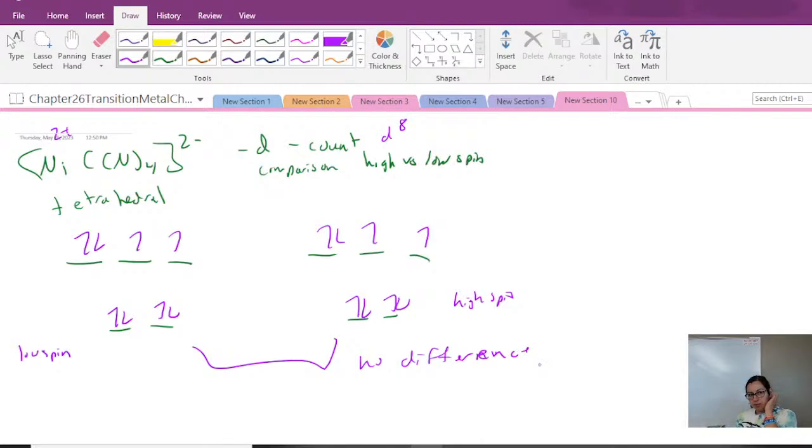If I had given you this bad example, you would just say no difference, you couldn't tell, it's the same configuration. It didn't work out because it's not actually tetrahedral. It's square planar, but I didn't give you all the square planar splitting fields, so my apologies.